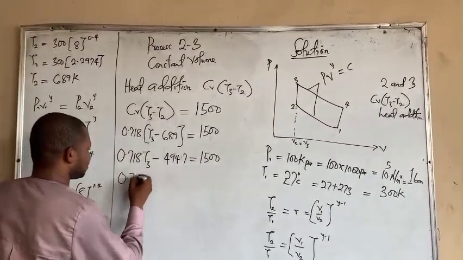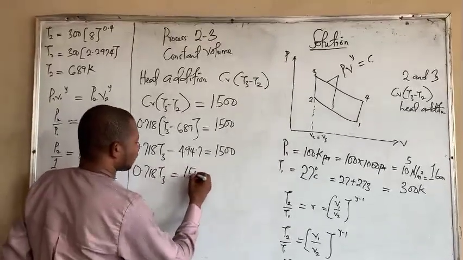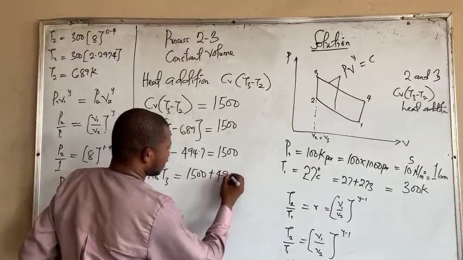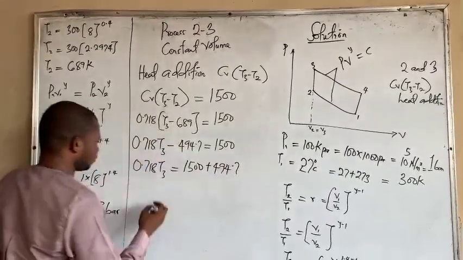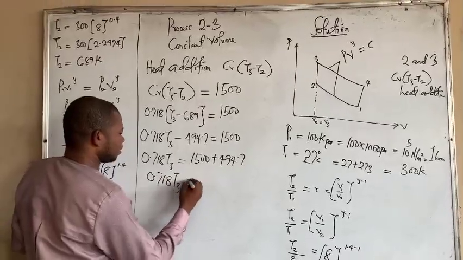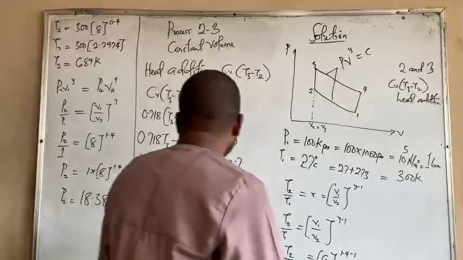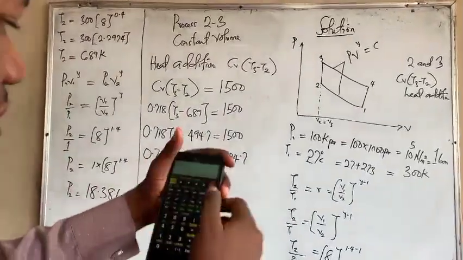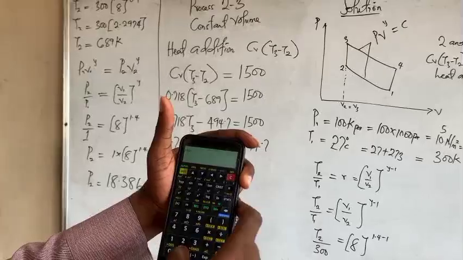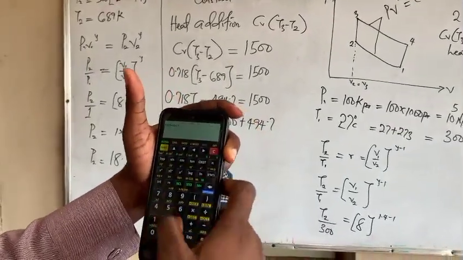I have 0.718 T3 equals 1,500, and this one moving to this side becomes plus 494.7. So I have 0.718 T3 equals, let's add up, still opening my power calculator, 1,500 plus 494.7.